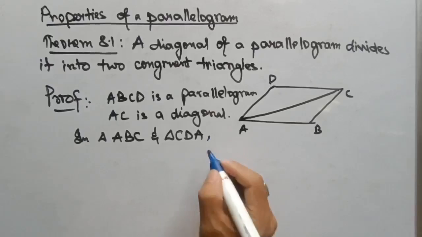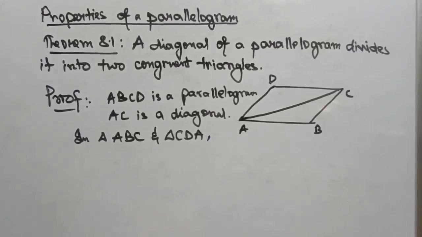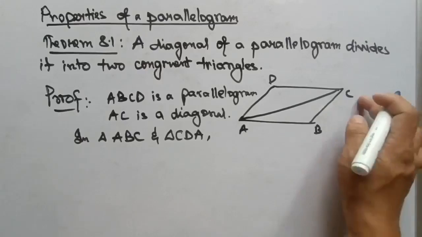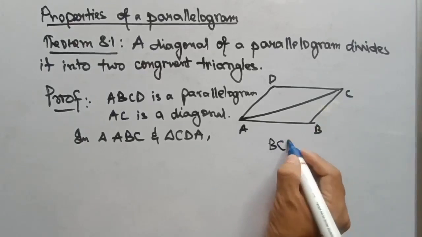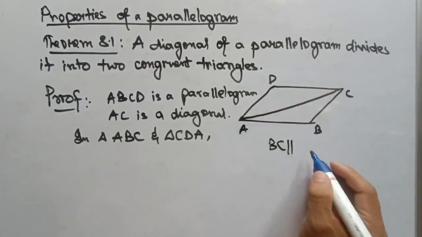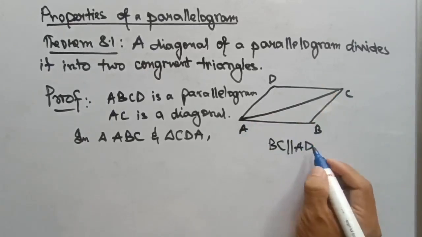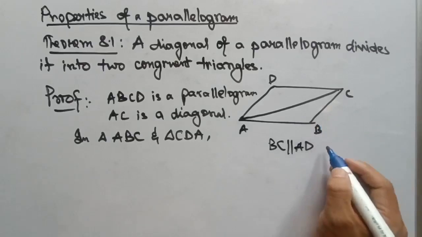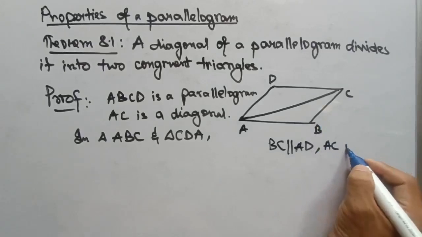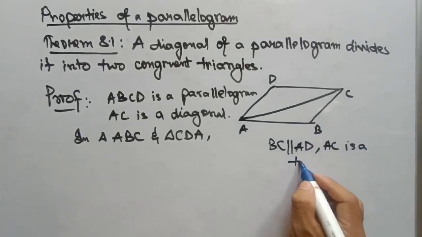It is observed that the side BC is parallel to AD, and at the same time AC is a transversal.